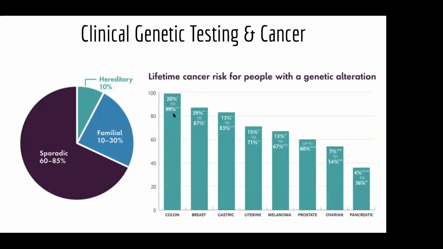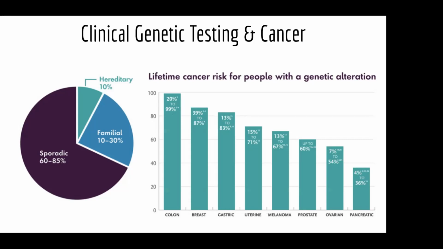And in certain types of cancer, that heritability is much, much more common. In colon cancer, the example we went through, it has the strongest germline genetic background, the strongest heritable background of all the cancers.